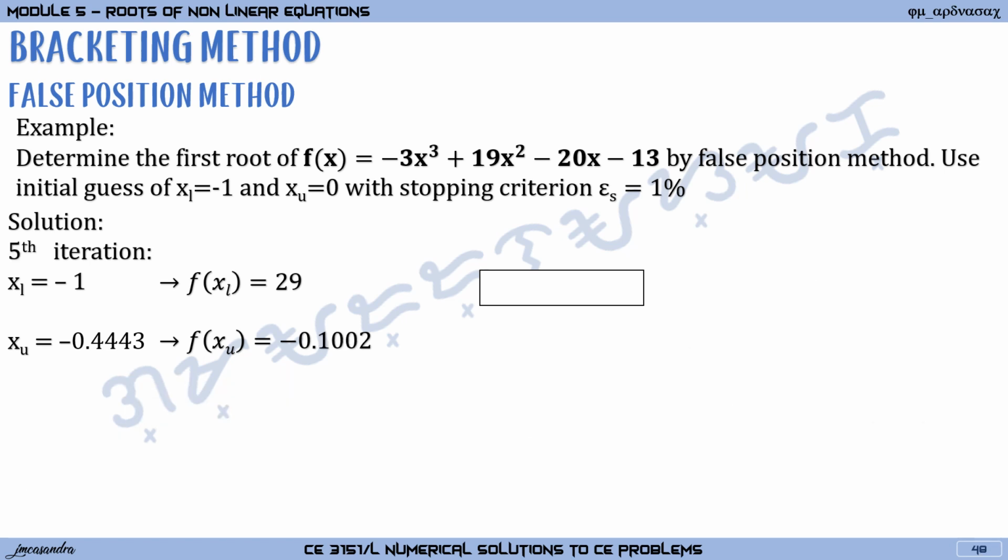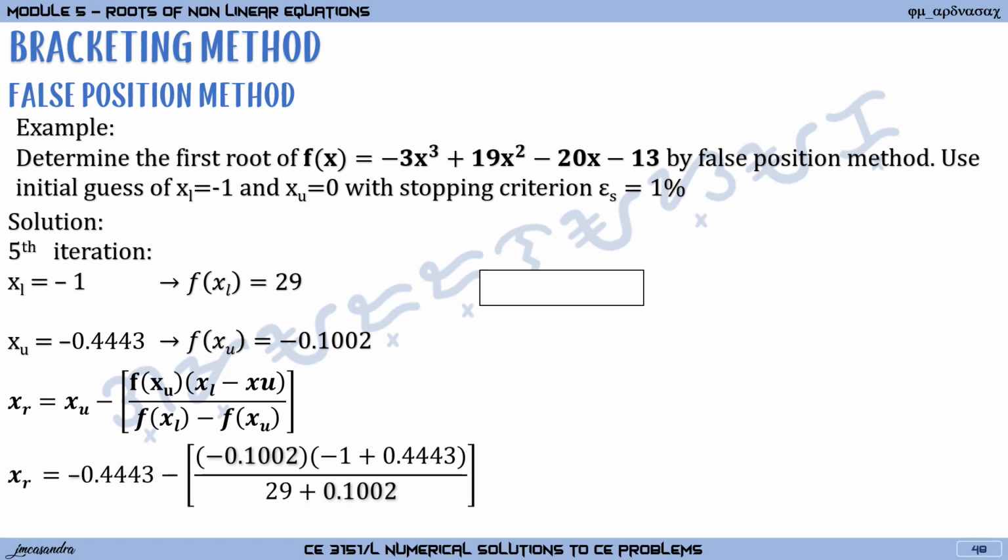So for the fifth iteration, XL is -1, XU is -0.4443. Compute for XR by substituting now the values of XL and XU and the functions. So we get now XR equal to -0.4462. Compute now, substitute this in the equation to compute for its function, which is -0.0267.